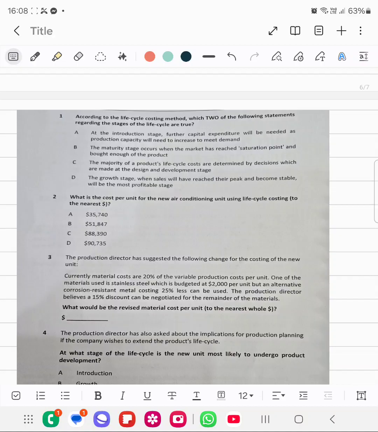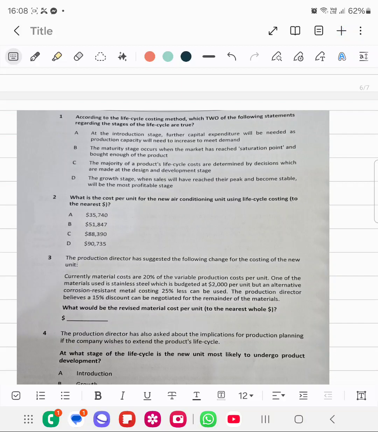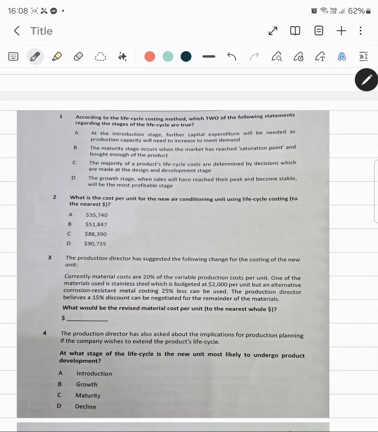No, the most profitable stage is the maturity stage, not the growth stage. The growth is still the growth stage. So for question number one, I think A and C are the correct ones, and B and D seem to be incorrect, as I have explained now.